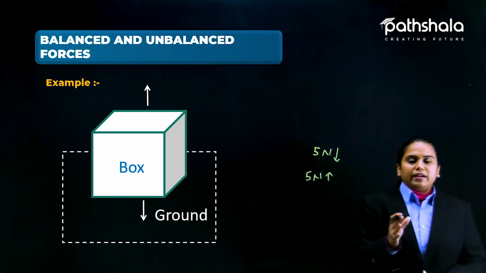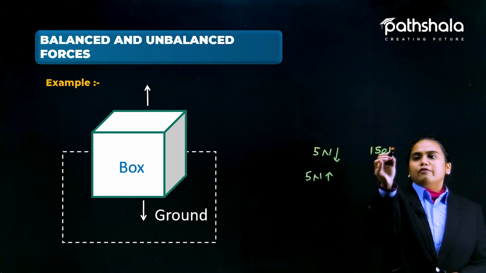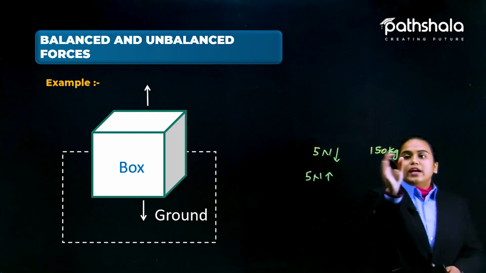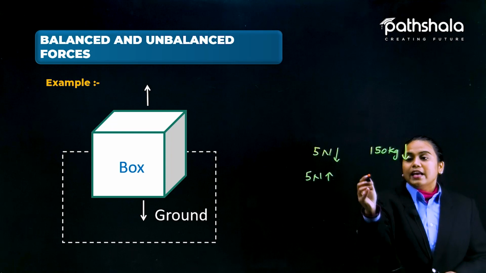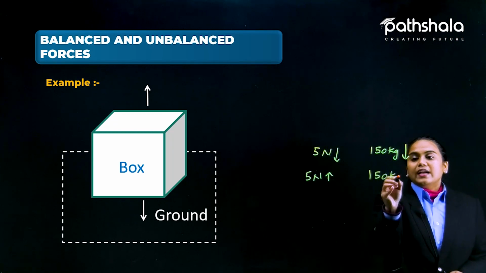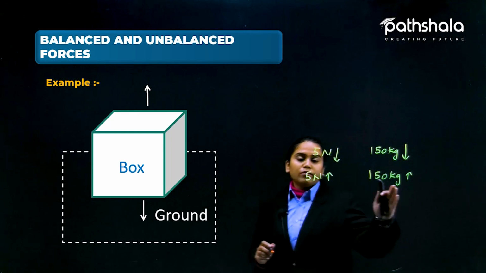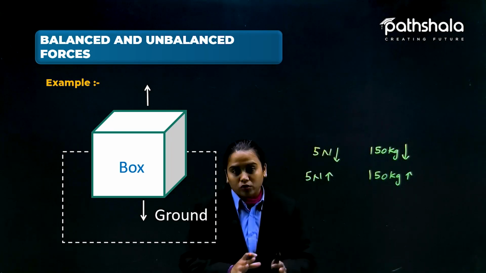And suppose an elephant is here and it is applying 150 kg, or Newton, we can say, of force. Then the ground again is also applying force in the opposite direction. We can take it in Newton form, because weight is considered to be a part of force.